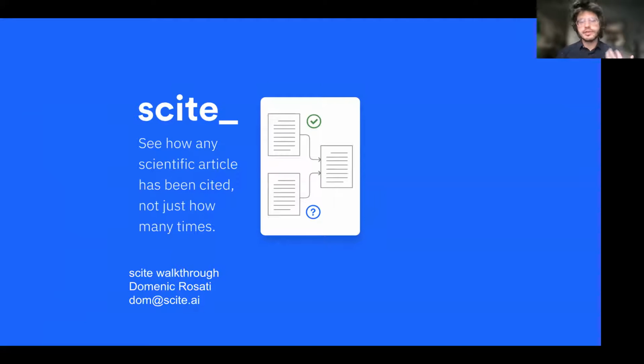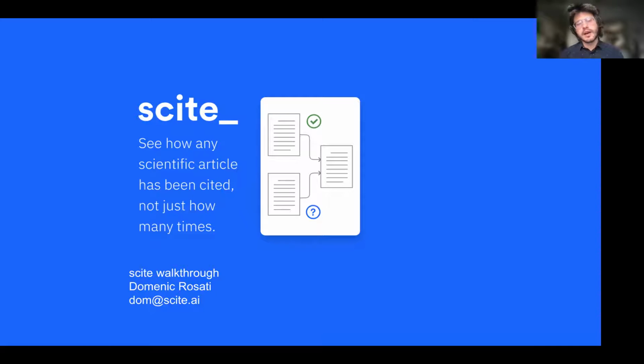We do have another component to Scite, which is helping with bibliometrics research, like citation analysis or scientific NLP, which I won't be touching on, but feel free to follow up if that is your specific interest.